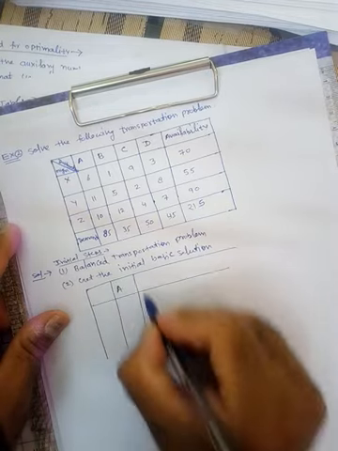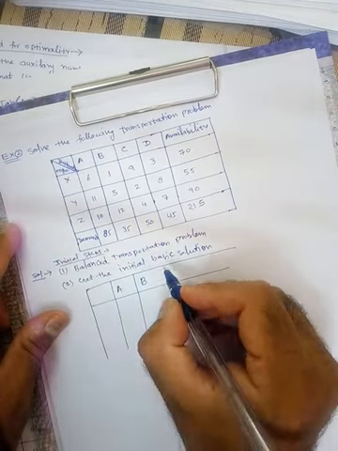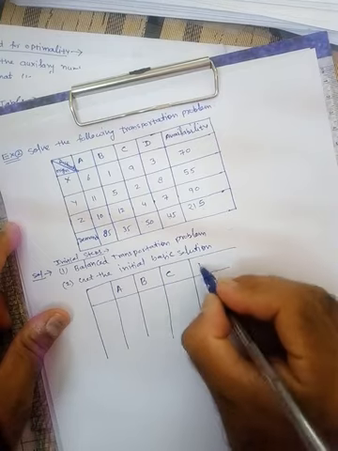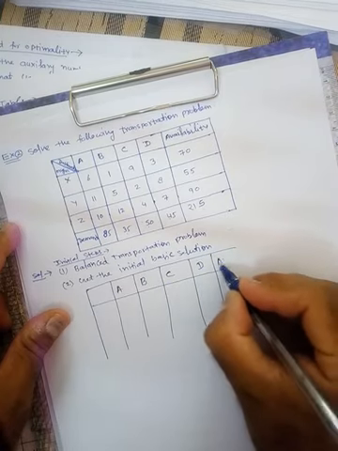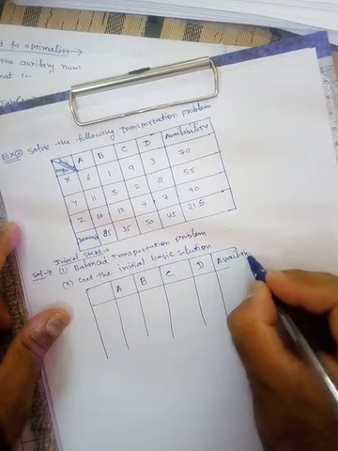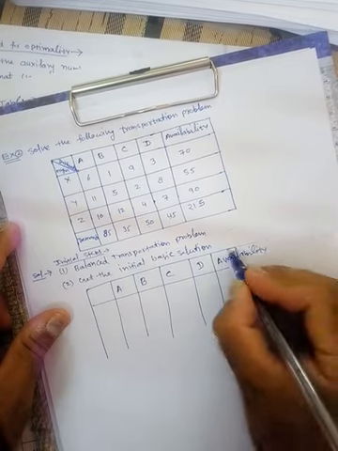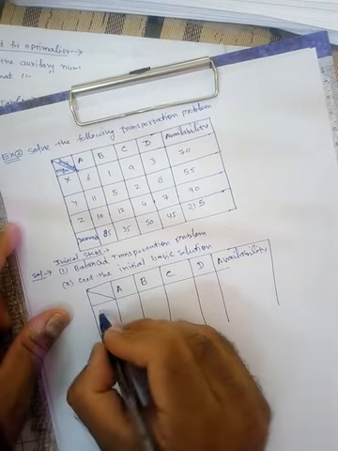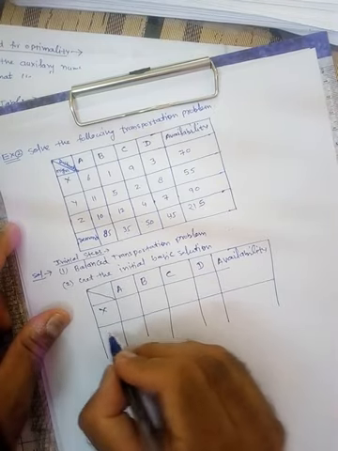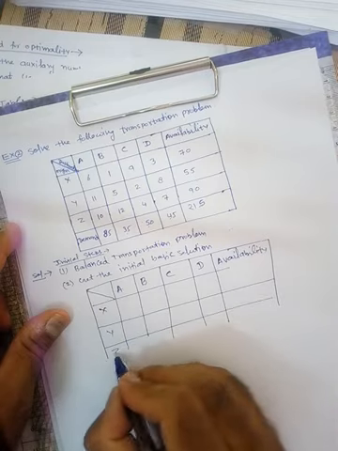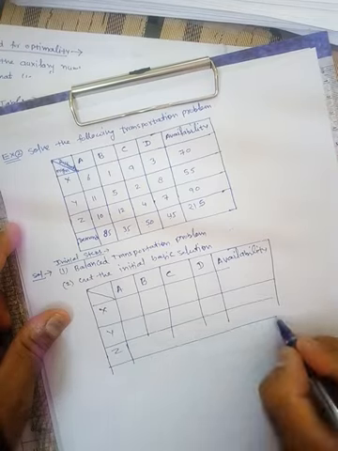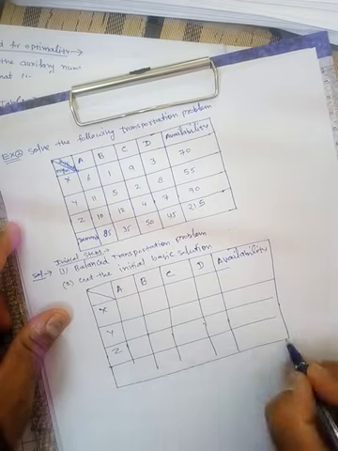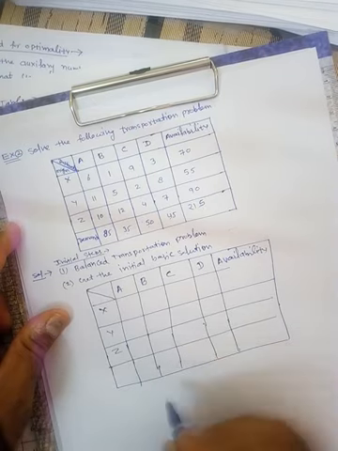A, B, C, D, then availability. Here X, Y, and Z. Fine.